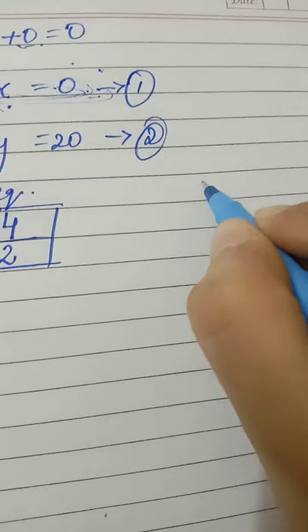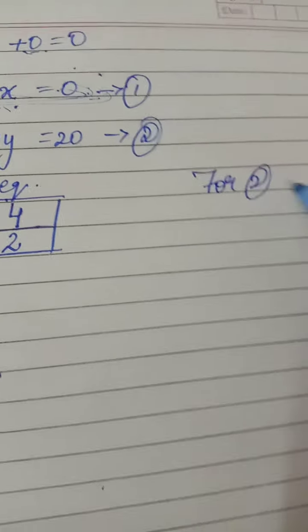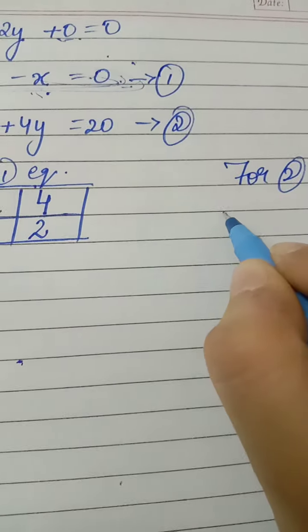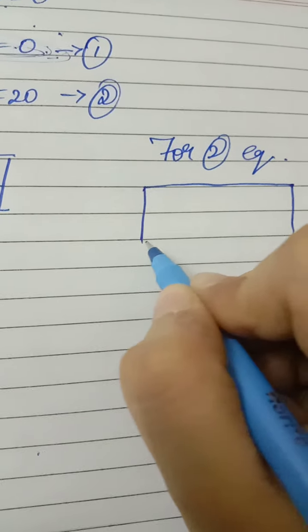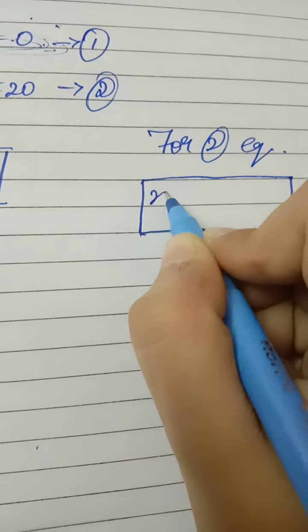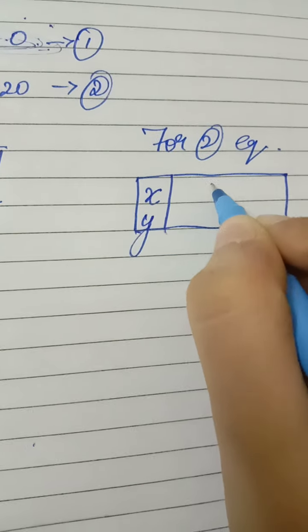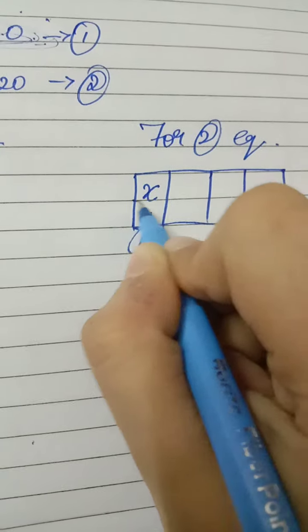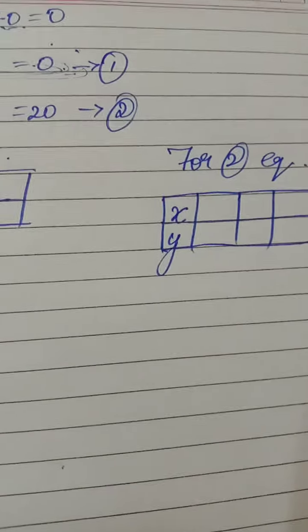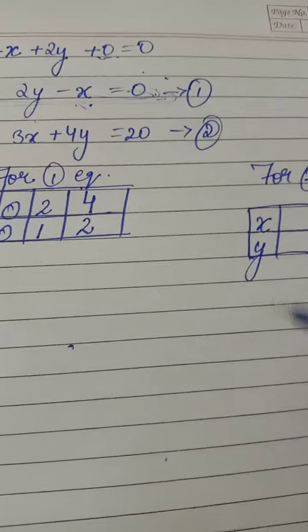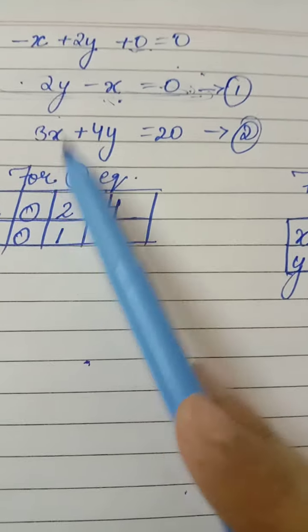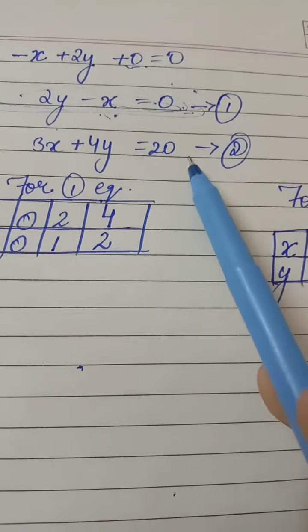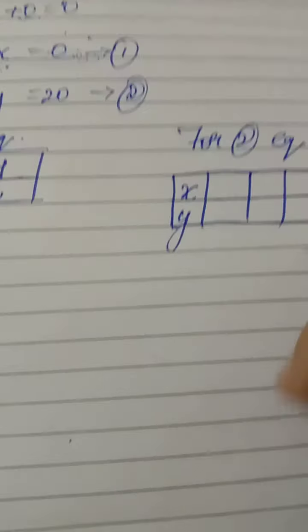Okay, now we'll find the solutions for the second equation, with x and y. First, I prefer 0, so I'll take 0 here also. 3 zeros are 0, and 20 divided by 4 is 5.